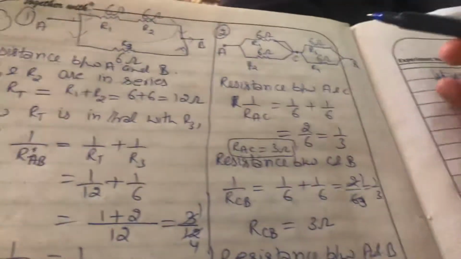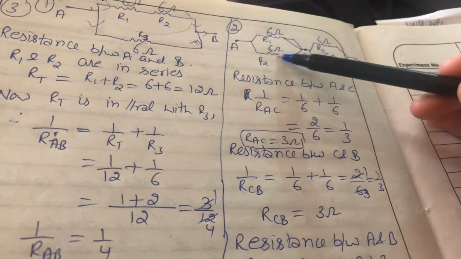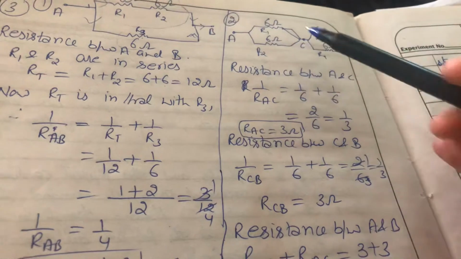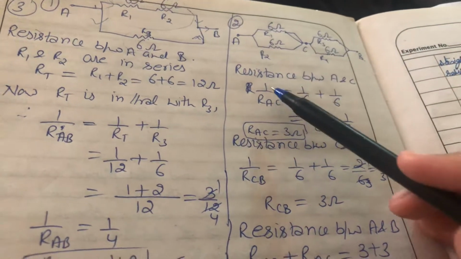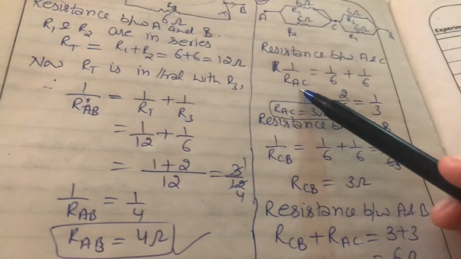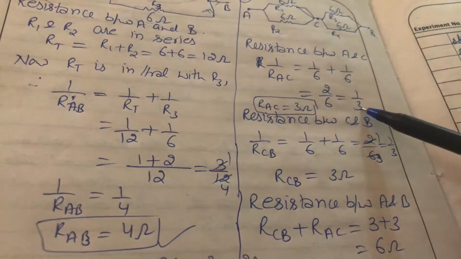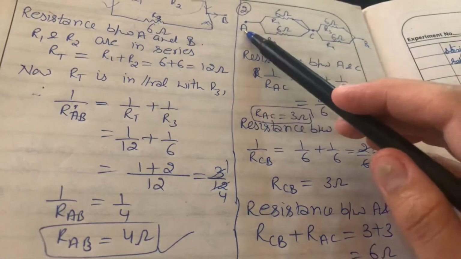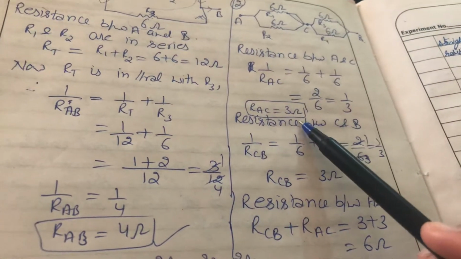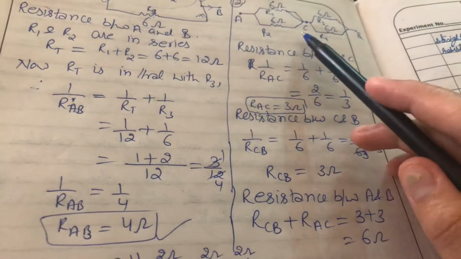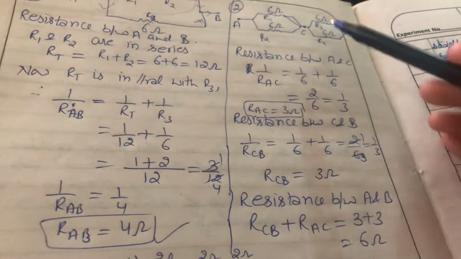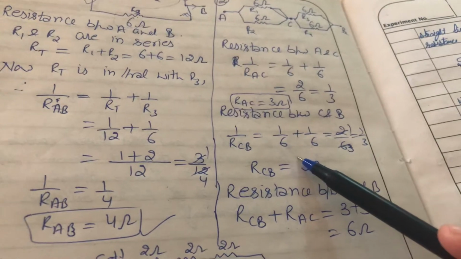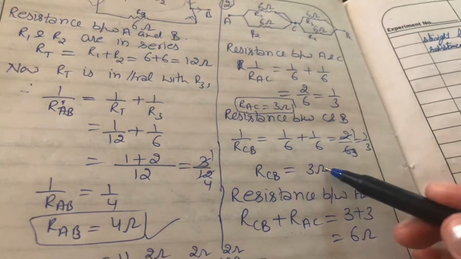Here first of all, these two are in parallel. So between A and C, resistance will be 1 upon RAC equals 1 upon 6 plus 1 upon 6, that will be 1 upon 3, and resistance between A and C will be 3 ohm. Similarly, resistance between C and B, again it is in parallel, 1 upon 6 plus 1 upon 6, it will come out as 3 ohm.